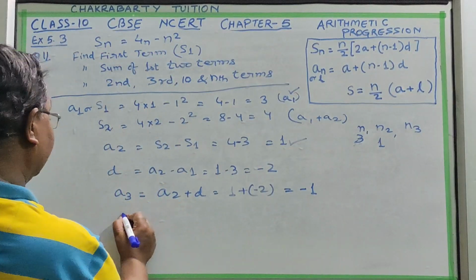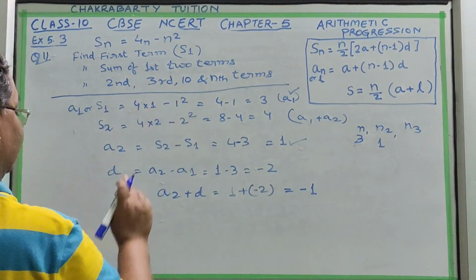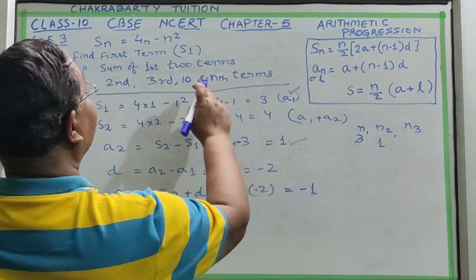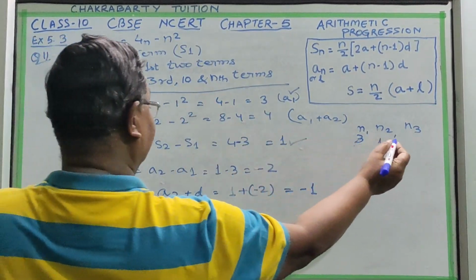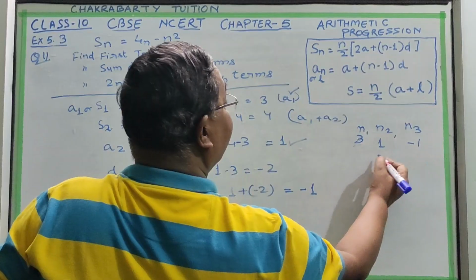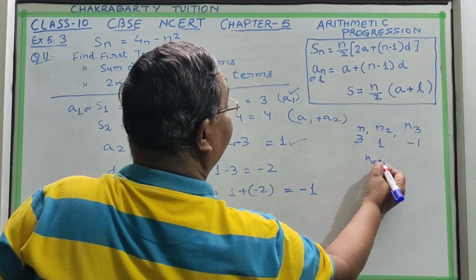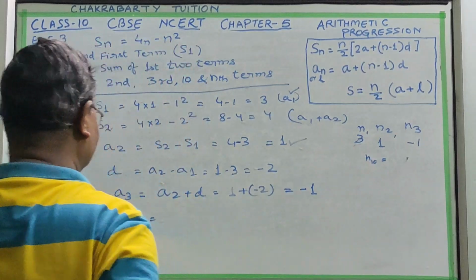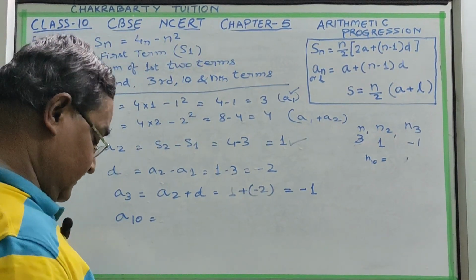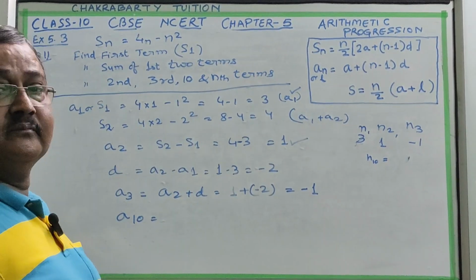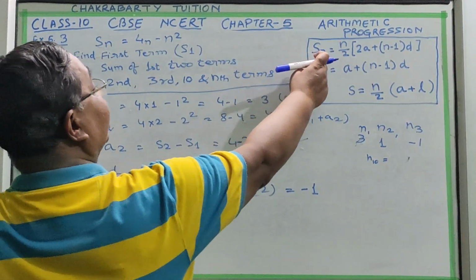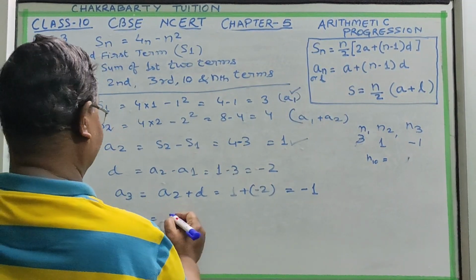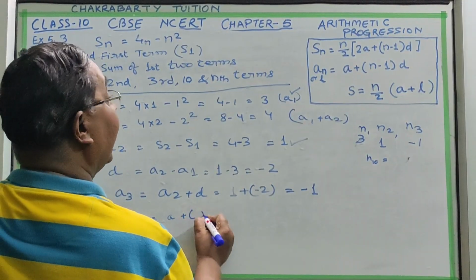Okay. Now the 10th term we have to find out. So this is your third answer: a3 is minus 1. Now the 10th term we have to find out. So a10, taking a-n, a10 is equal to a plus n minus 1 d.